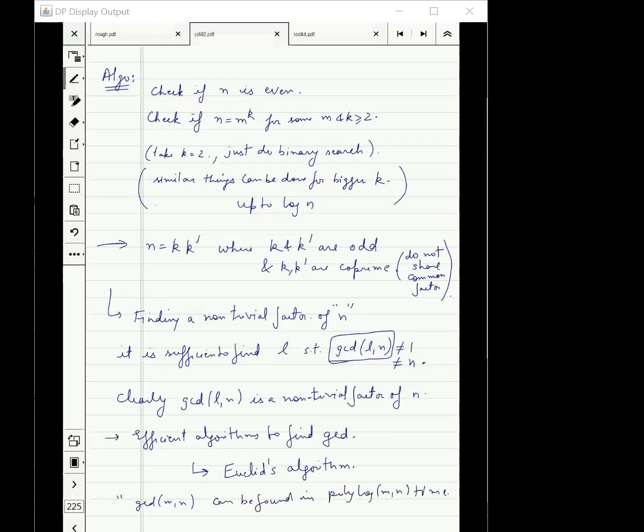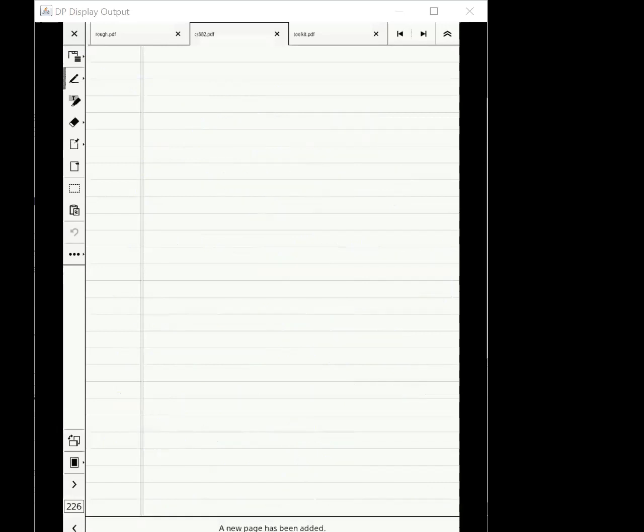We know how to find GCD. So then this becomes easy. Our task now is to find a number which is not divisible by n, but is also not co-prime to n.